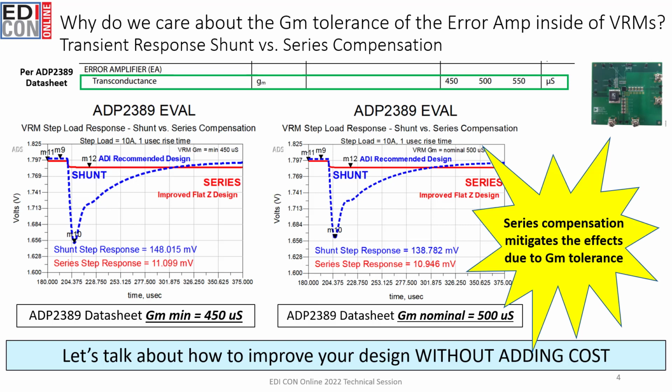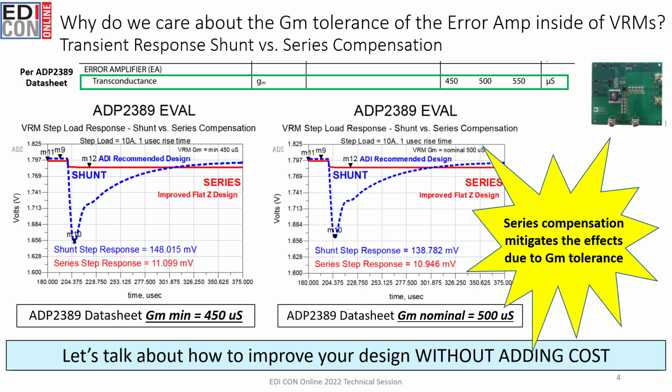So why do we care about the transconductance tolerance of our error amplifier inside of our VRMs? Well, let's look at an example. Here we're showing an ADI ADP2389 VRM. We're showing it with two different compensation networks, and we're showing the step response based on those two compensation networks.